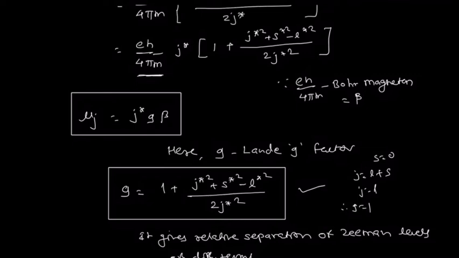It means that if g is 1, the equation again reduces to the normal Zeeman effect.